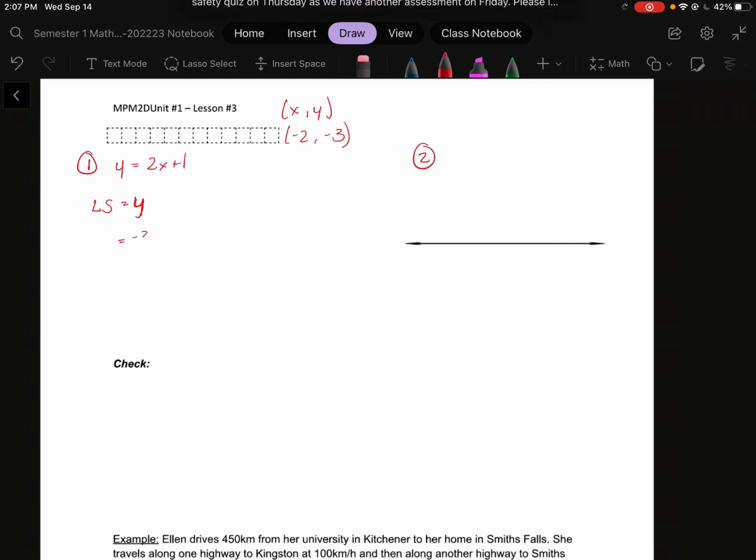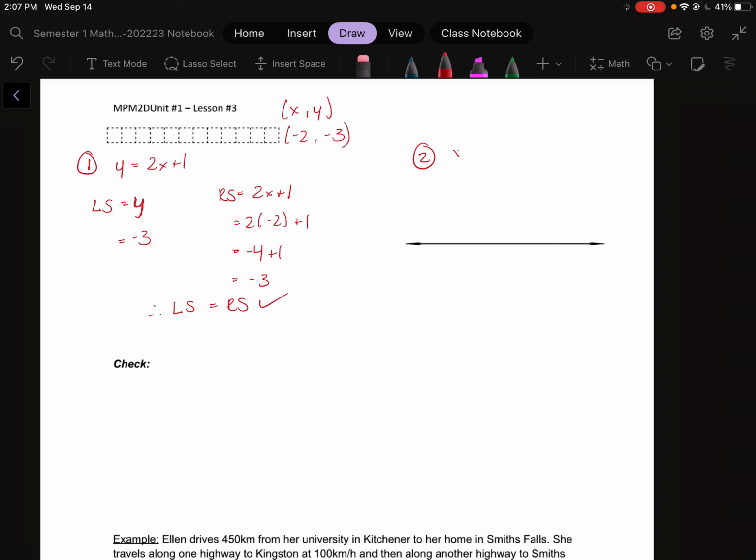So our y is equal to -3. And then our right side, we're going to plug that in. We're taking our equation, 2x plus 1. We're going to plug our values in. 2 times -2 plus 1. -4 plus 1 equals -3. So therefore, our left side does equal our right side, and we can check that off.